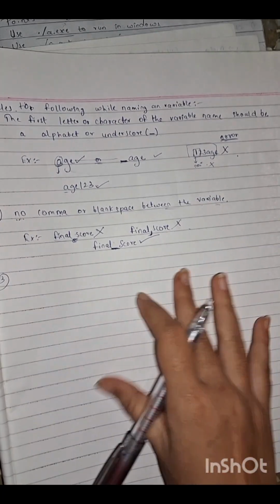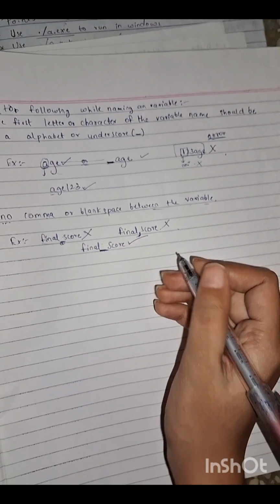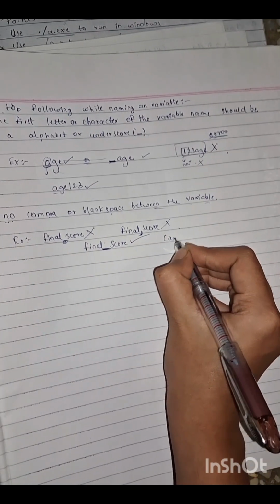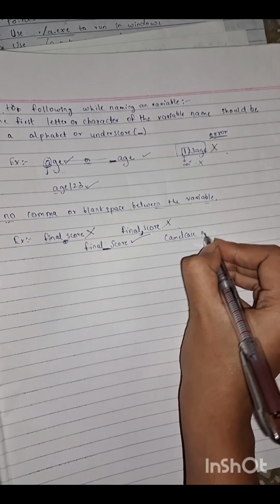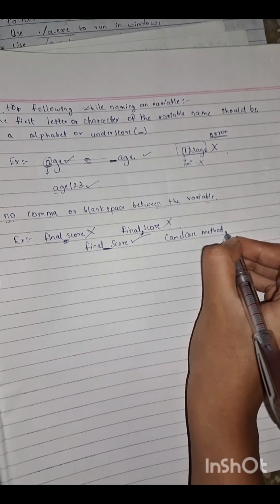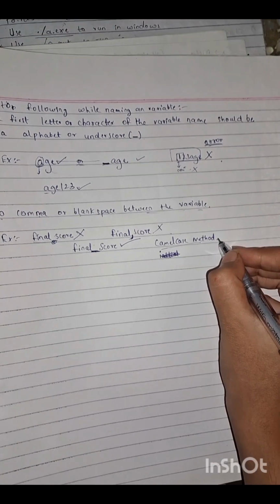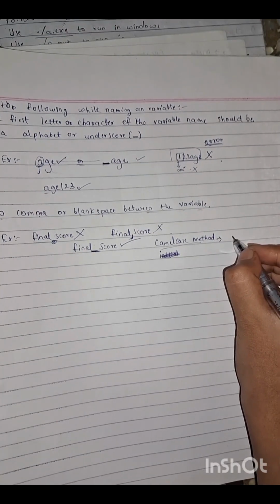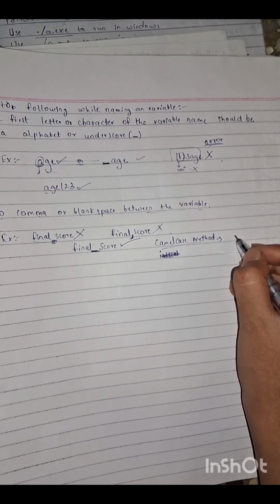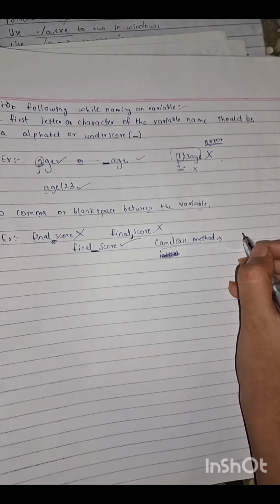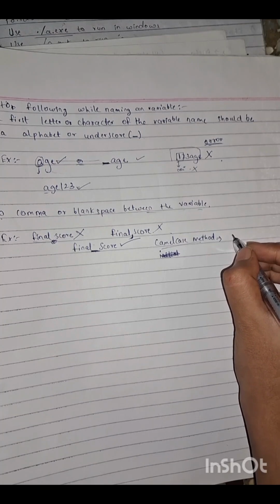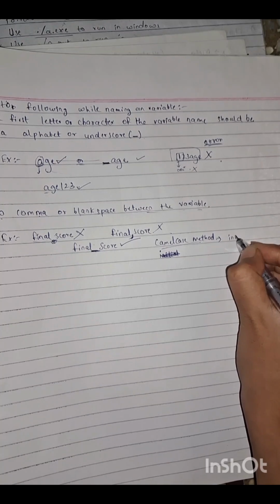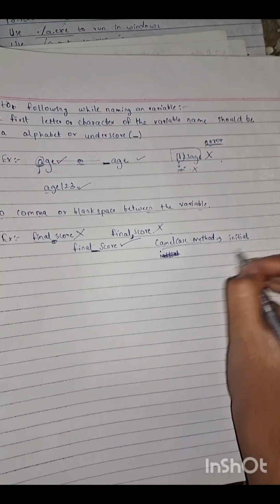Okay, you can write a variable name by using the camel case method. What is it called? Camel case method. This camel case method means, if you want to write any word, like I want to write initial value, these are two words, right? The first character should be small, so the first word is initial, the first letter should be small, so here I write initial.